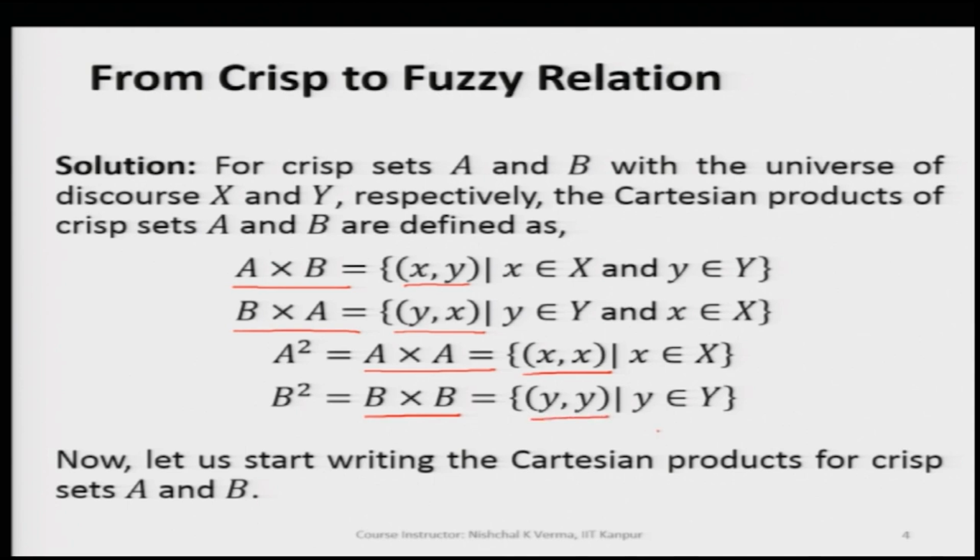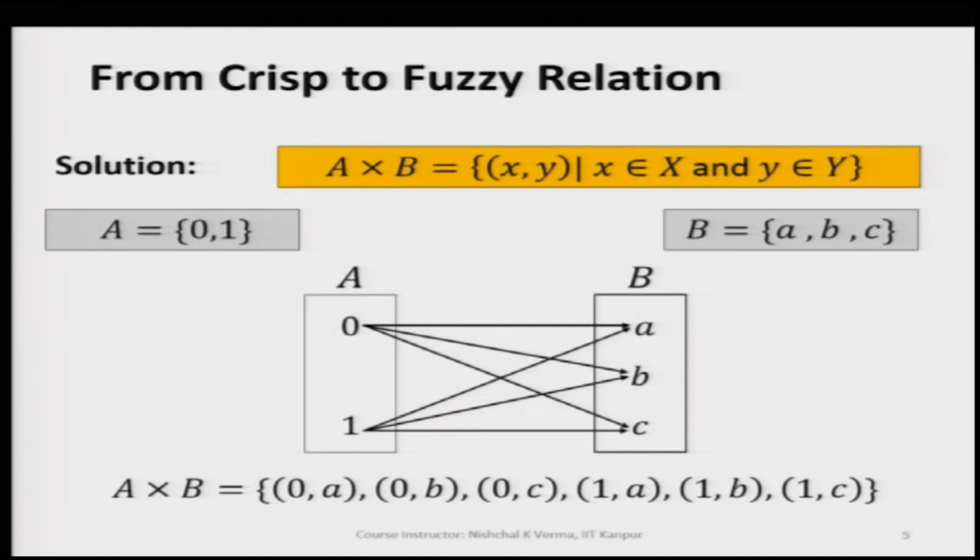It is needless to say that they have to follow the condition of the universe of discourse, meaning x should be from the universe of discourse capital X and small y from the universe of discourse capital Y. In this example, A has 2 elements, 0 and 1, and B has 3 elements, a, b, c.